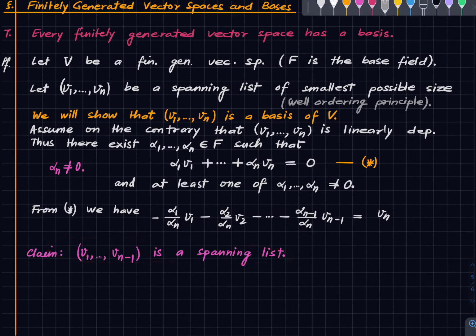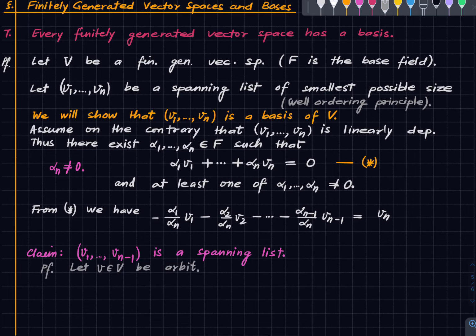So how do we prove this? Okay, so we want to show this is a spanning list. So what do we do? Pick some vector v arbitrarily, and we will show that it is in the span of this list, and hence we will be done.